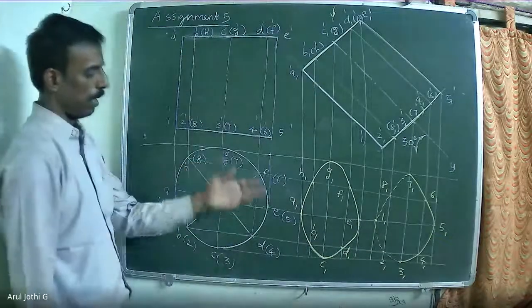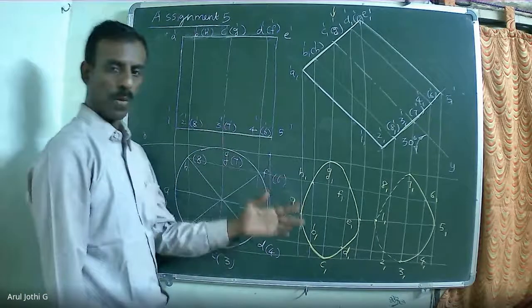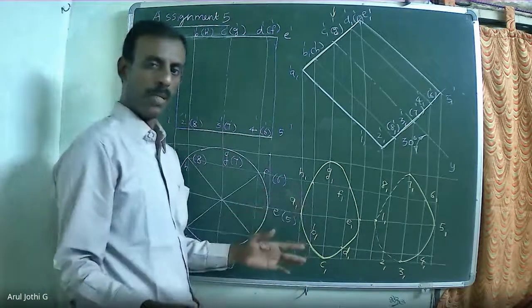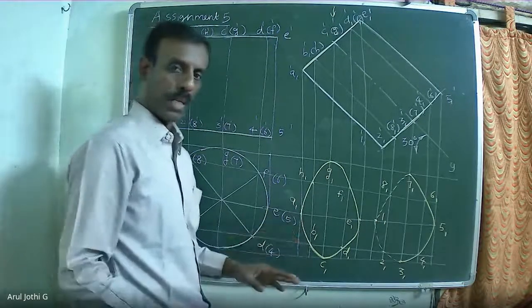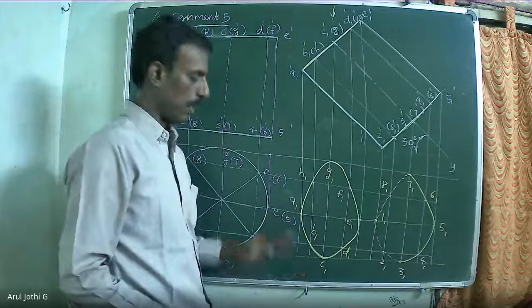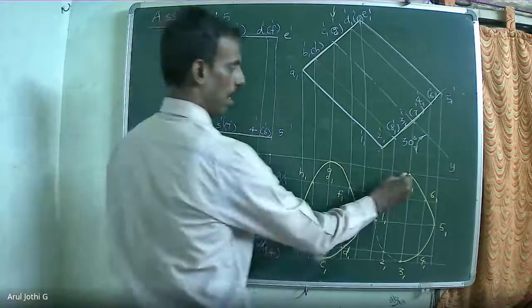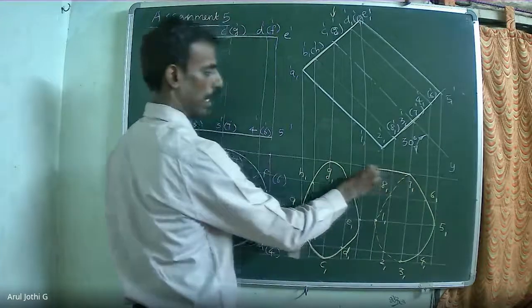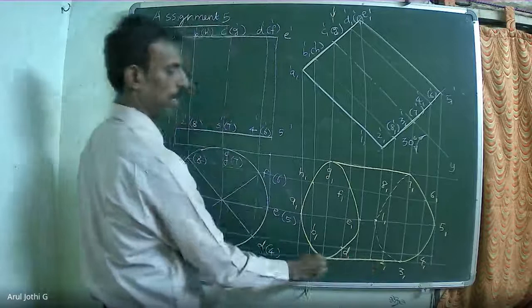How to identify the visible and invisible generators? For cylinder and cone, you have to join only outer generators. You need not draw the dotted lines for the edges. Generators are only for construction purposes. So outer generators should be joined as a dark line for cone and cylinder.